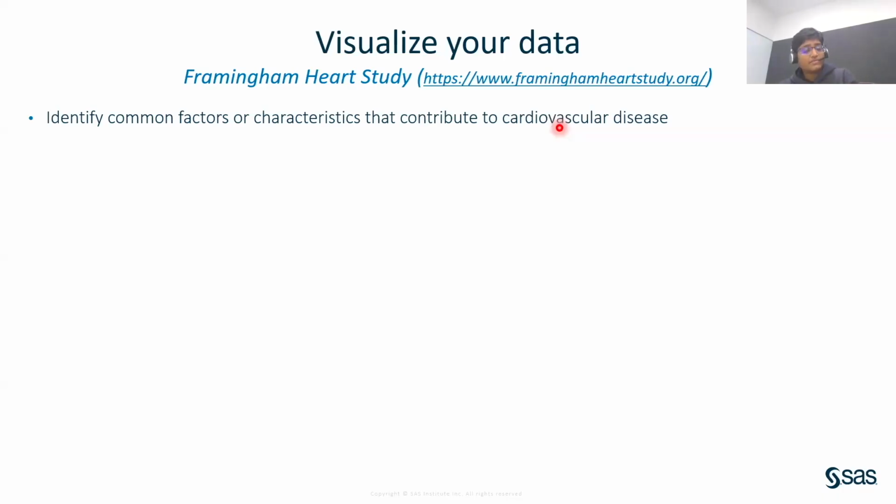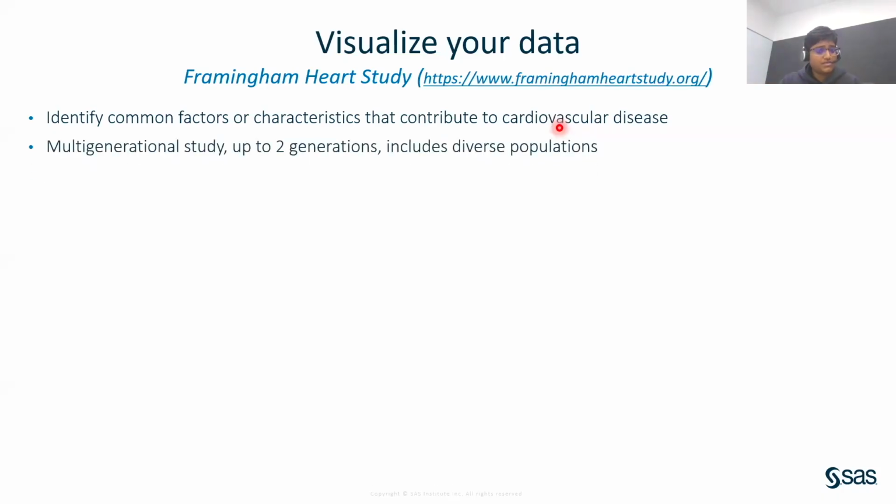Now, the Framingham Heart Study is looking at studying all of these different factors or characteristics over an extended period of time. And when you talk about an extended period of time, you're not just studying one generation, but you're looking at a multi-generational study.